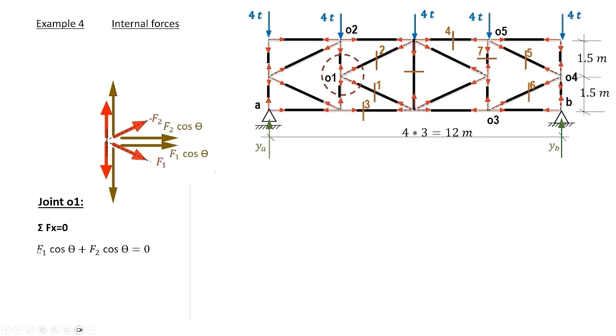This equation has 2 unknowns and therefore needs another equation to solve 2 equations in 2 unknowns. For now, crossing out the cosine theta, or in other words, dividing the whole equation by cosine theta, we have F1 equals minus F2.